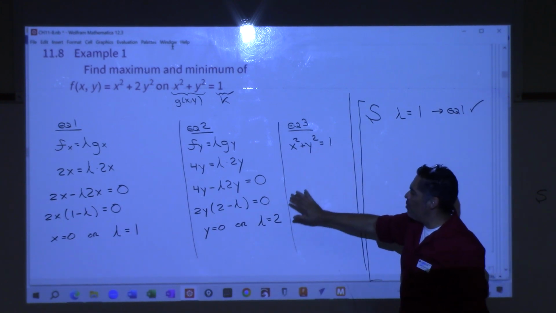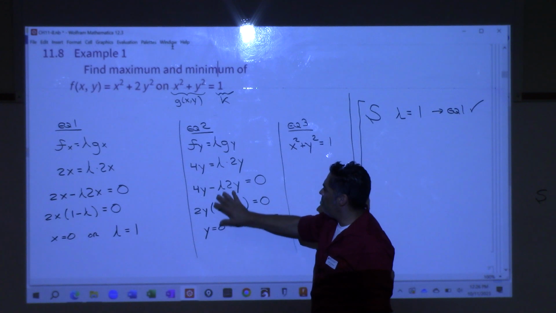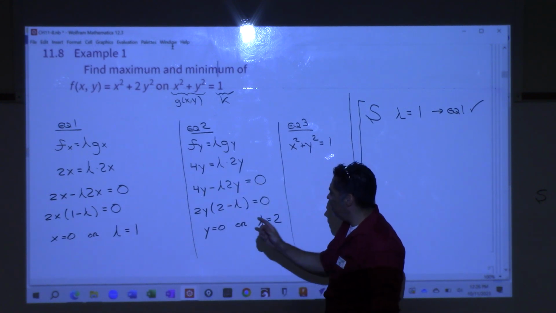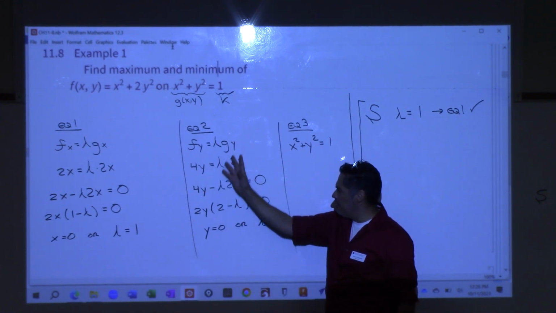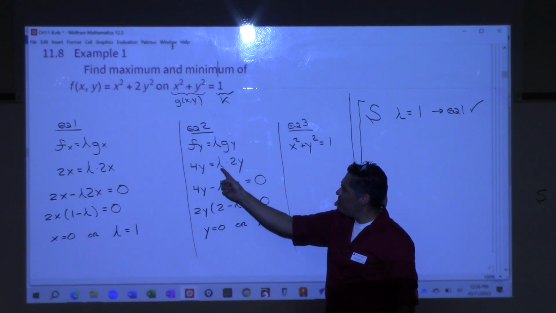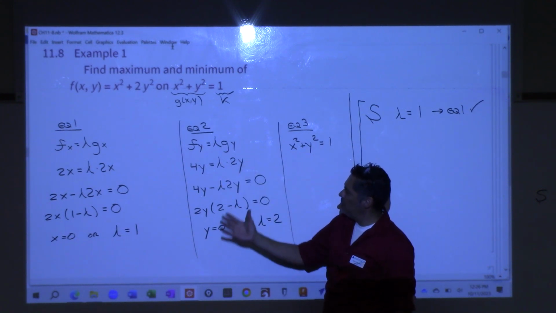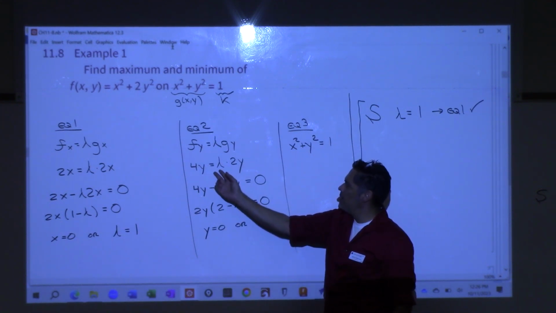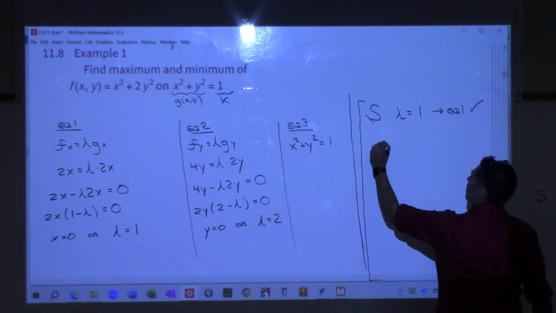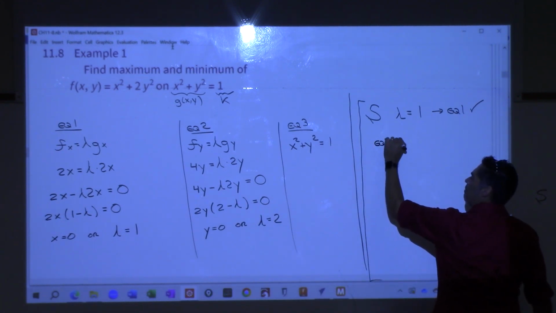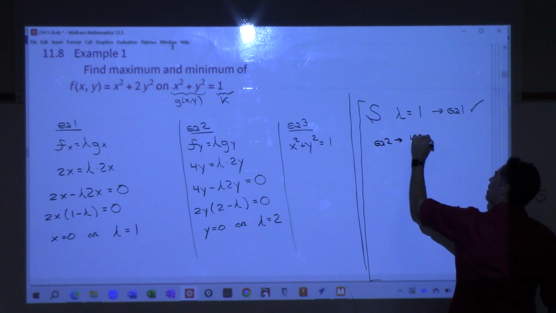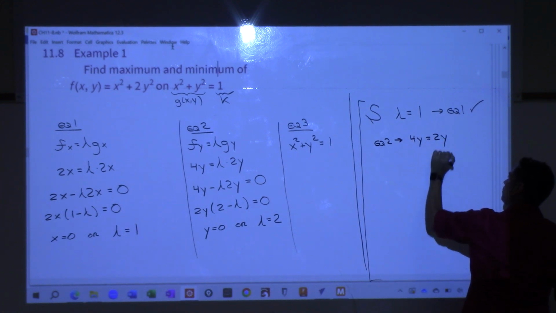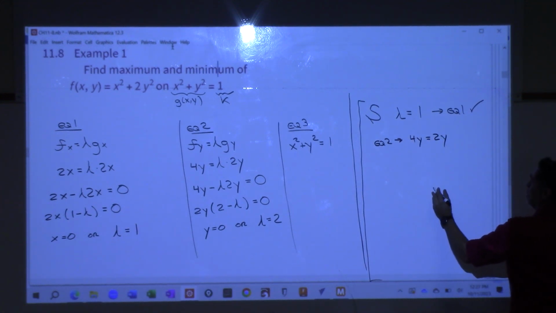But what about lambda being 1 here? Well, if lambda is 1, what happens? We can go to any of these. Which one? I don't care. Let's go right here. Okay? So if lambda is 1, then equation 2 becomes 4y equals 2y. Solve for y. Subtract 2y on both sides.